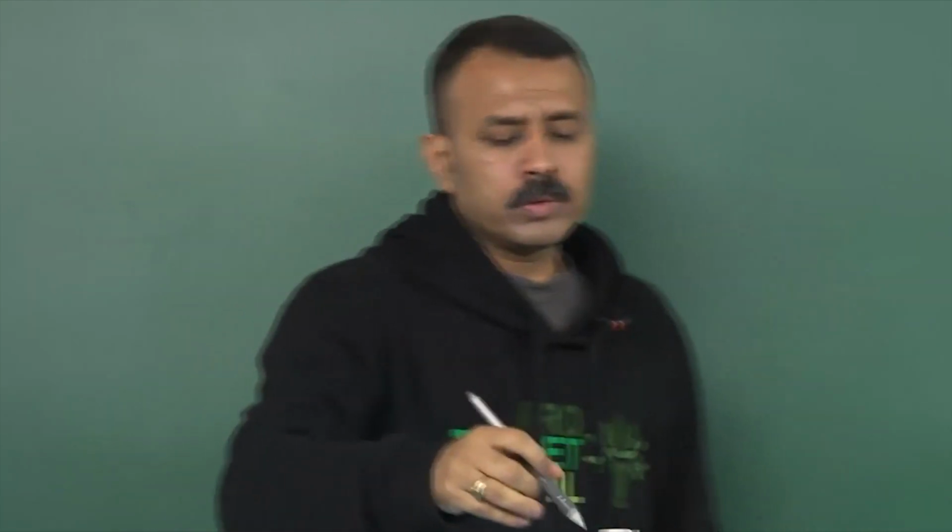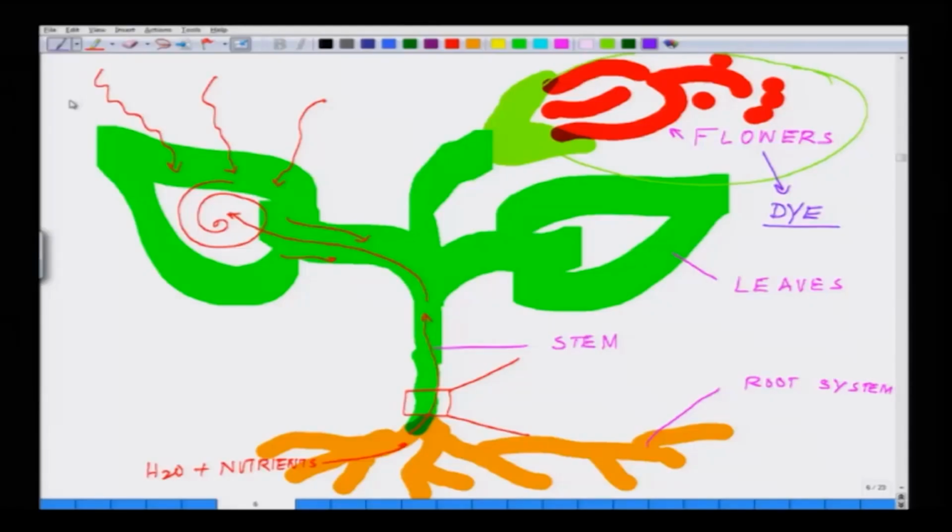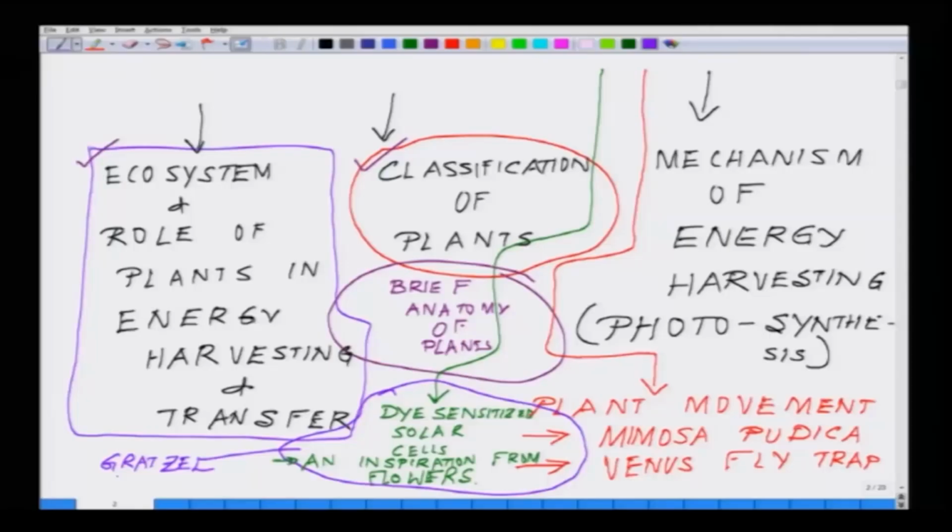So overall, in this module, after giving you this brief outline of the anatomy and classification, going back to my second slide, I have talked about the ecosystem, the classification of the plants, the brief anatomy of the plant, and of course why, and from where, the inspiration for dye-sensitized solar cells comes.